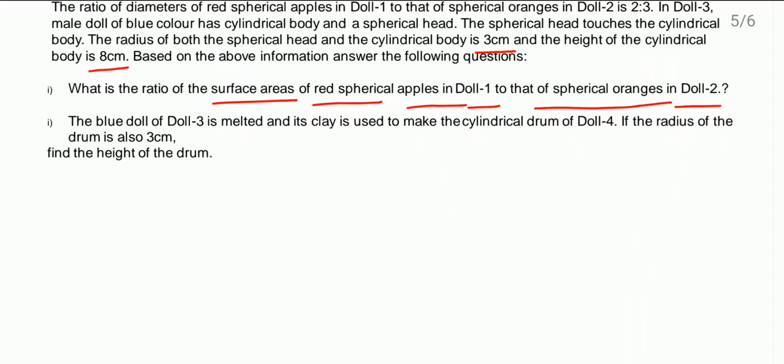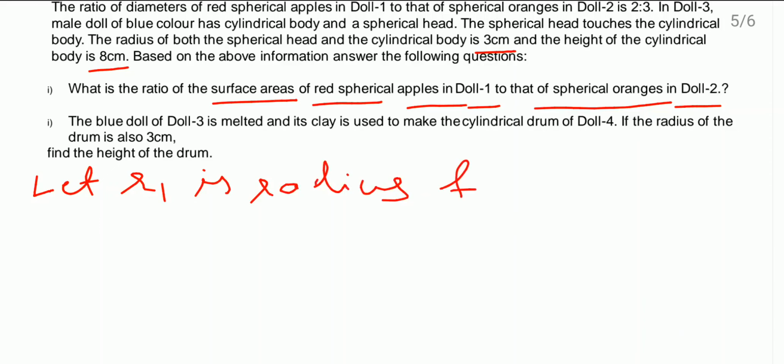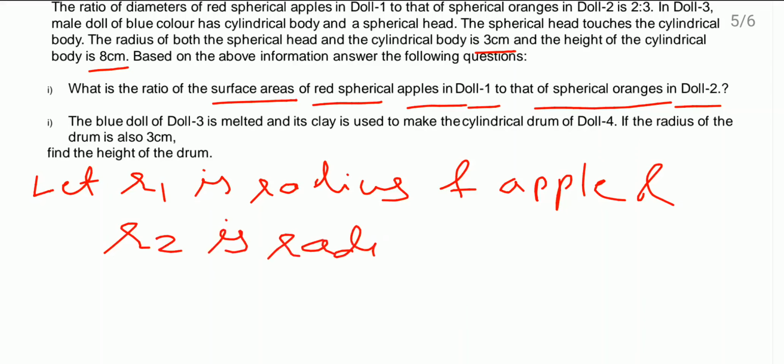Here, let us consider first. Let R1 be the radius of the apple and R2 the radius of an orange.